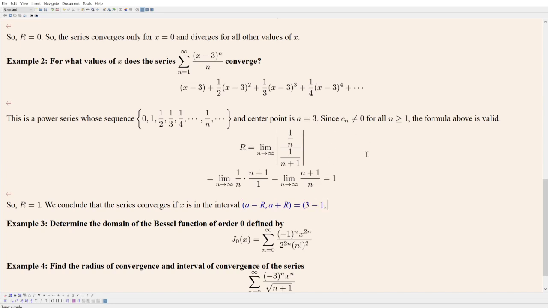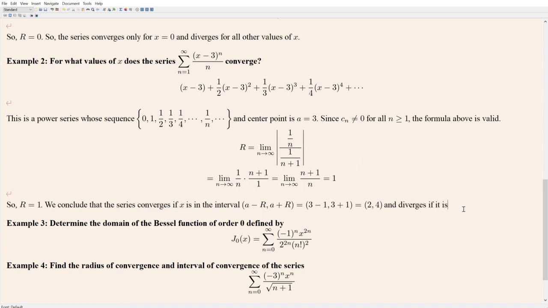So that's 3 minus 1, comma, 3 plus 1. So that's 2, comma, 4. But now we need to check the endpoints. We need to check x equals 2 and x equals 4.